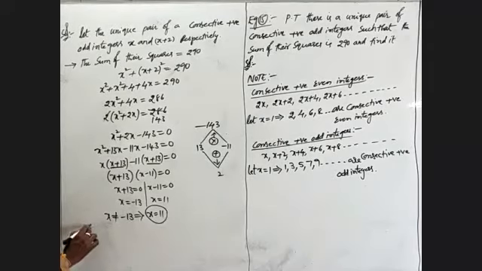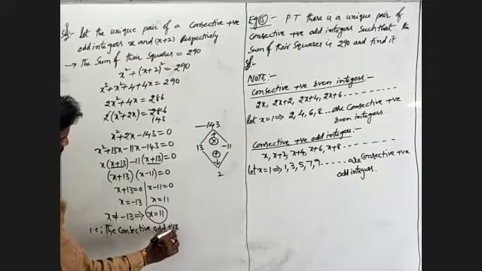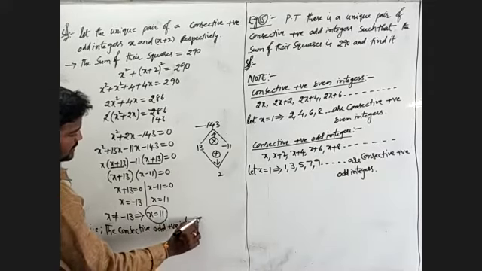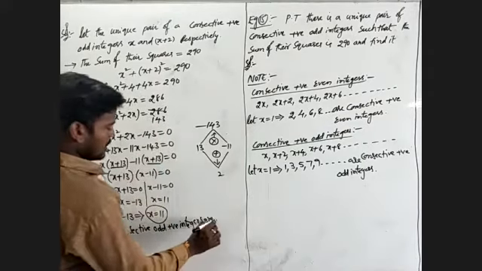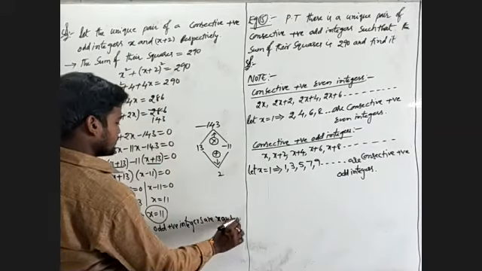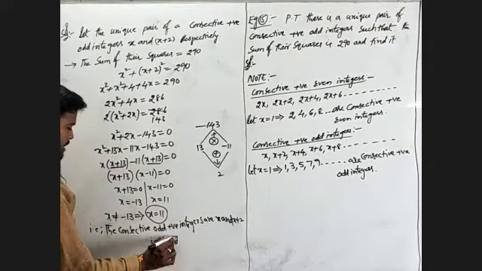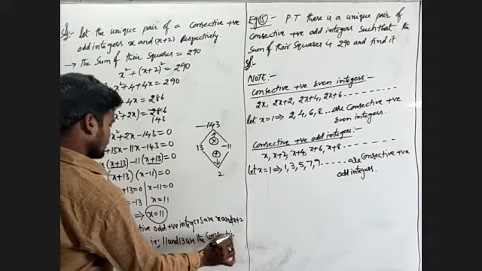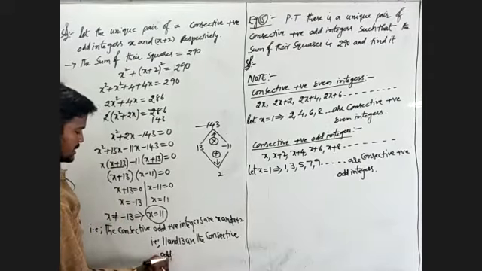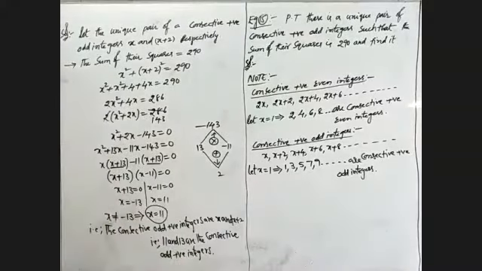We find that the consecutive odd positive integers are x and x plus 2, where x becomes 11. So 11 and 13 are the consecutive odd positive integers. Write this one.